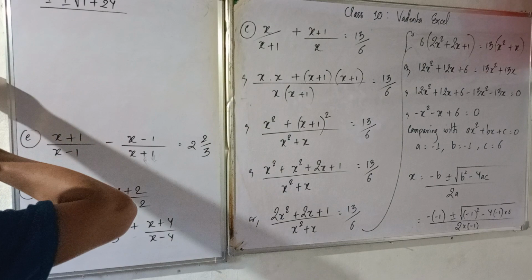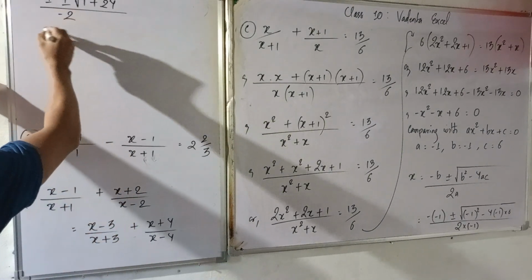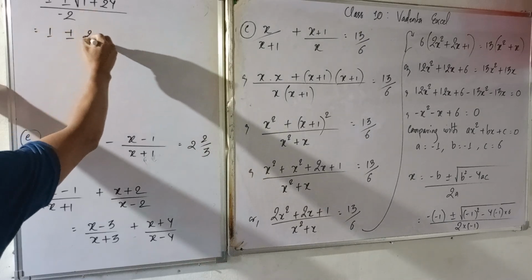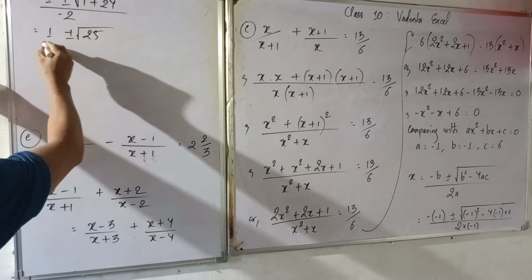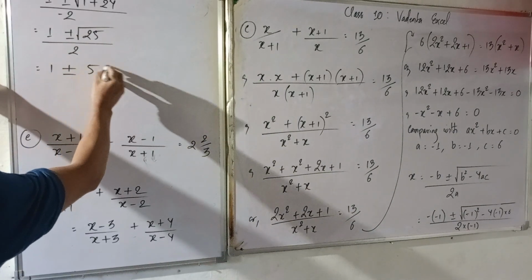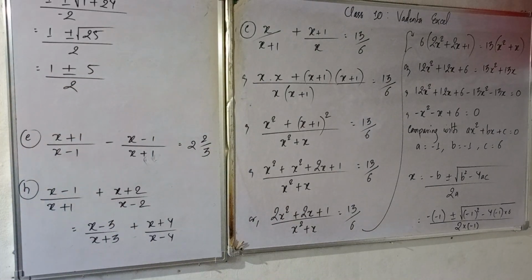You will directly get the answer. Divided by minus 2 is equal to 1 plus minus, this is 25, divided by 2. Now this becomes 1 plus minus 5 divided by 2. Now you know the process. Take positive sign and negative sign, you will get the two values for x.